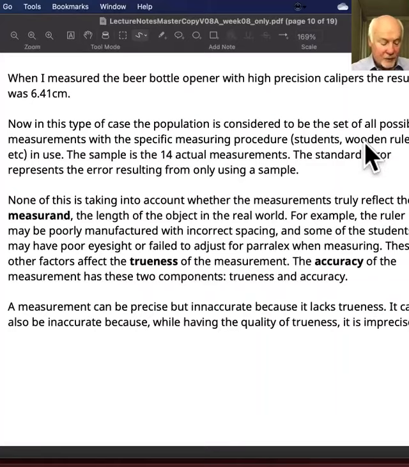You can calculate standard error for tests, and this is done as a major part of quality control in high stakes tests like the HSC in New South Wales, the Gaokao in China, and so on. When the results are being processed, and even when they're training the people who do the marking, they measure the standard error of measurement of the tests.